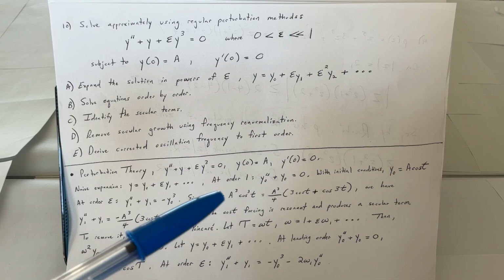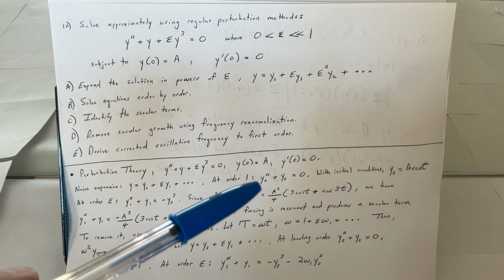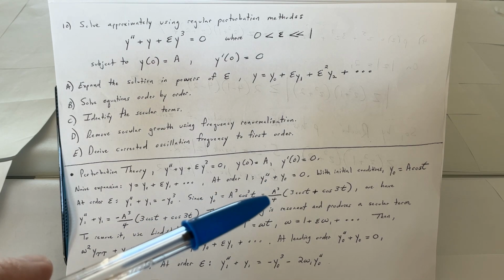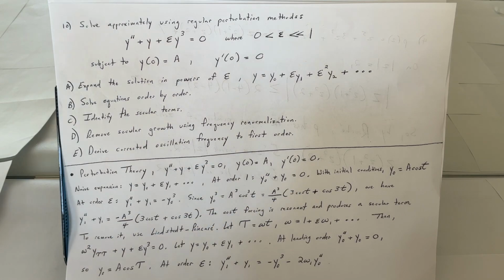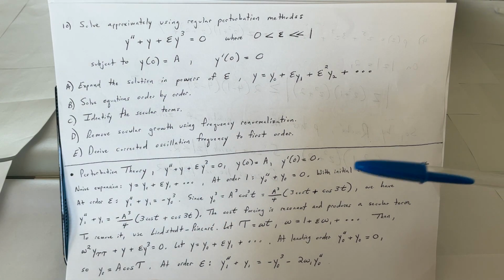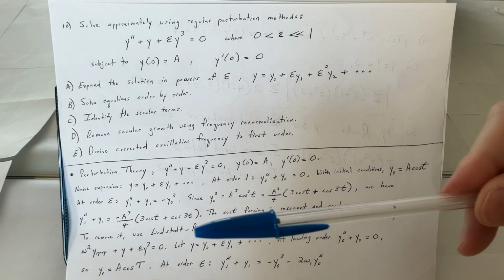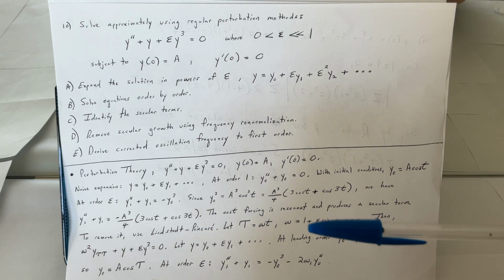Since y naught cubed equals a cubed cosine cubed t, that equals a cubed over 4 times the quantity 3 cosine t plus cosine 3t. From there, y sub 1 double prime plus y sub 1 equals negative a cubed over 4 times the quantity 3 cosine t plus cosine 3t. The cosine t forcing is resonant and produces a secular term.